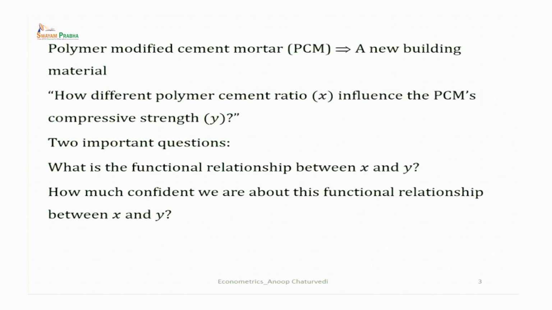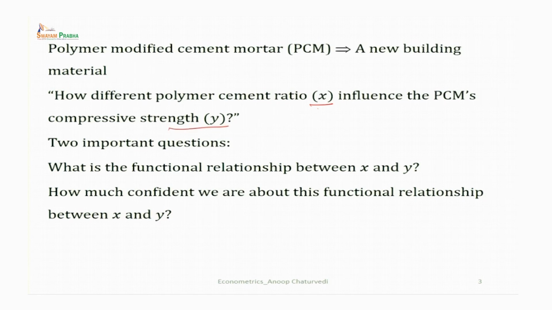Then this polymer modified cement mortar PCM is a new building material, and our question is how different polymer cement ratio, we denote it by x, influence the PCM's compressive strength, and we denote this compressive strength by y.